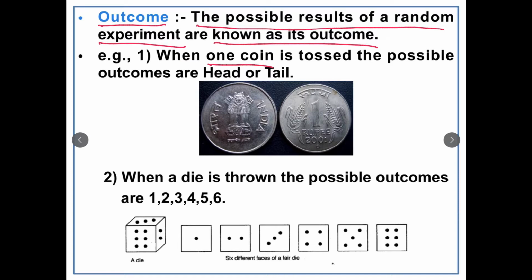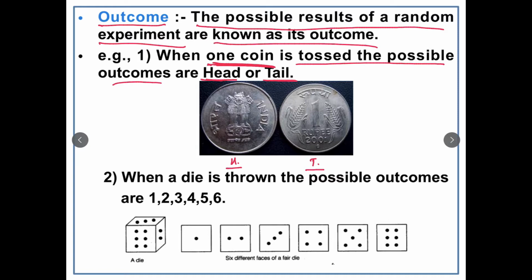So when one coin is tossed, the possible result or outcome is either a head or tail.